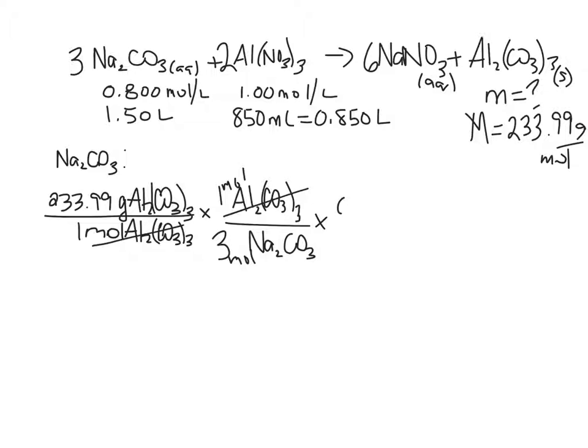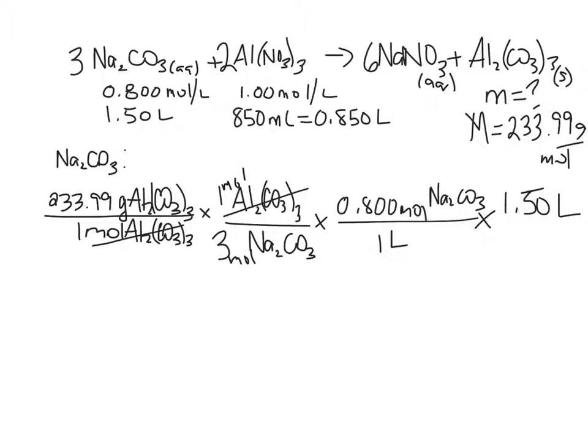So there's 0.8 moles of sodium carbonate for every 1 liter, and we have 1.5 liters. Moles of sodium carbonate go, liters go. We're only left with grams of aluminum carbonate, which is what we want.